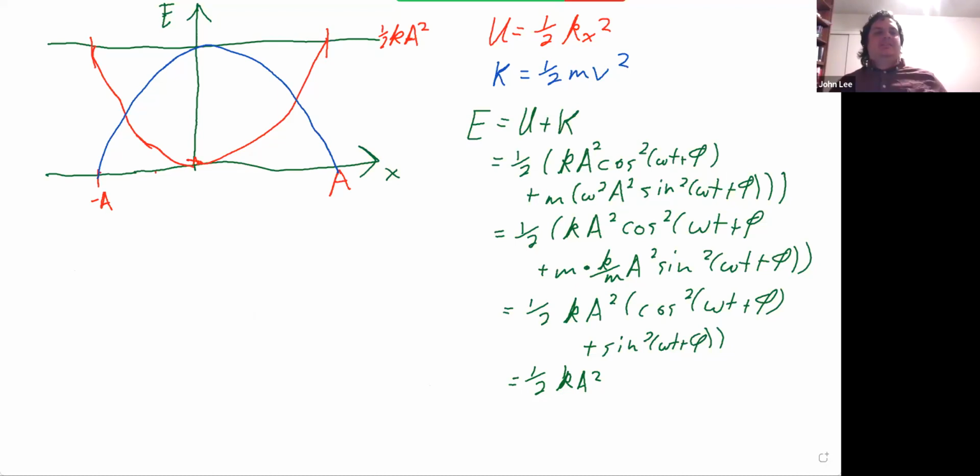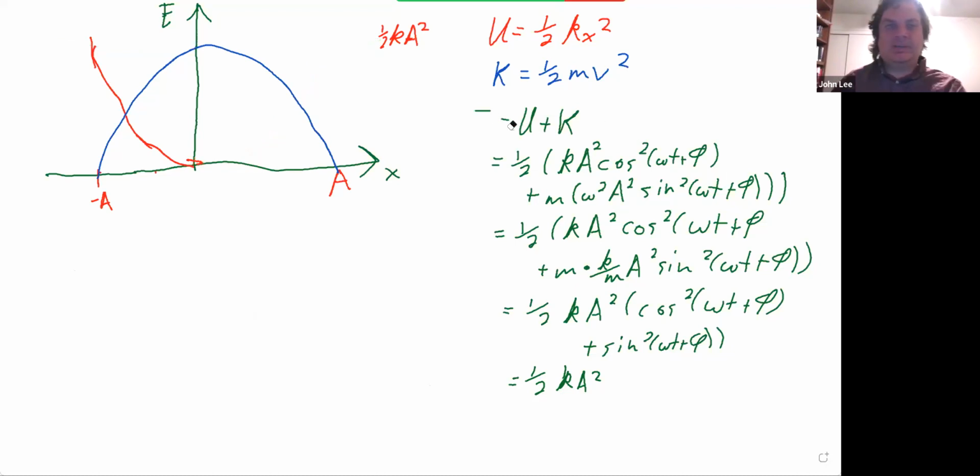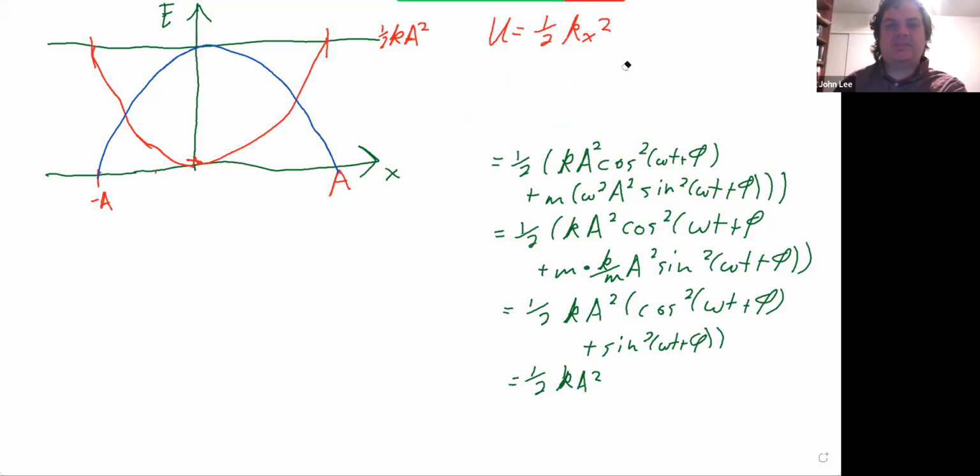So let's just save this and talk a little bit about stable versus unstable equilibriums.